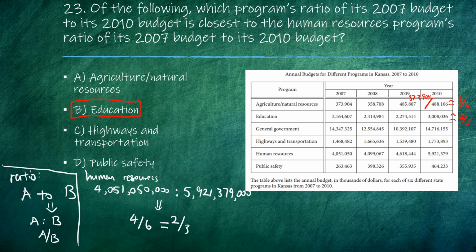But let's just keep going and check. So if we plug this number and divide it by this number, the ratio is 5 over 6. And lastly, for this number divided by this number, the ratio is roughly about 5 over 9. So that means we know this is not the answer, this is not the answer, this is not the answer, and only B is the answer.